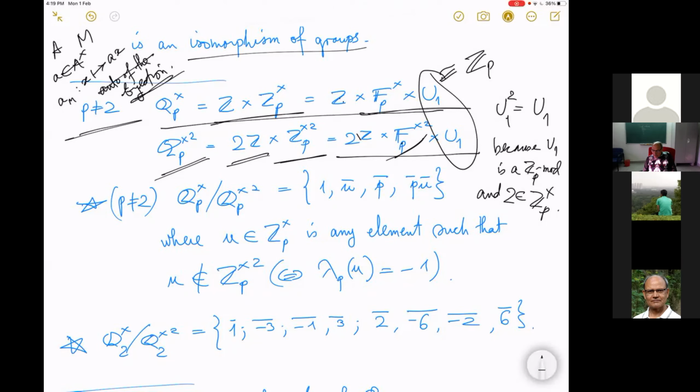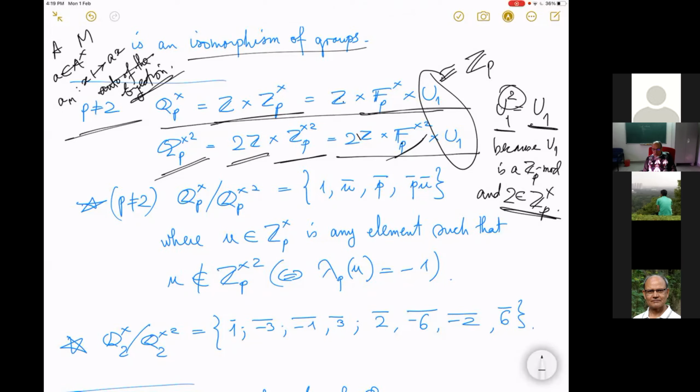So that's what is being said. 2 is invertible in the ring Zp. Therefore, multiplication by 2, which is actually raising to the power 2, now, these are multiplicative groups being considered as modules over the ring Zp, so raising to the power 2 is a bijection.